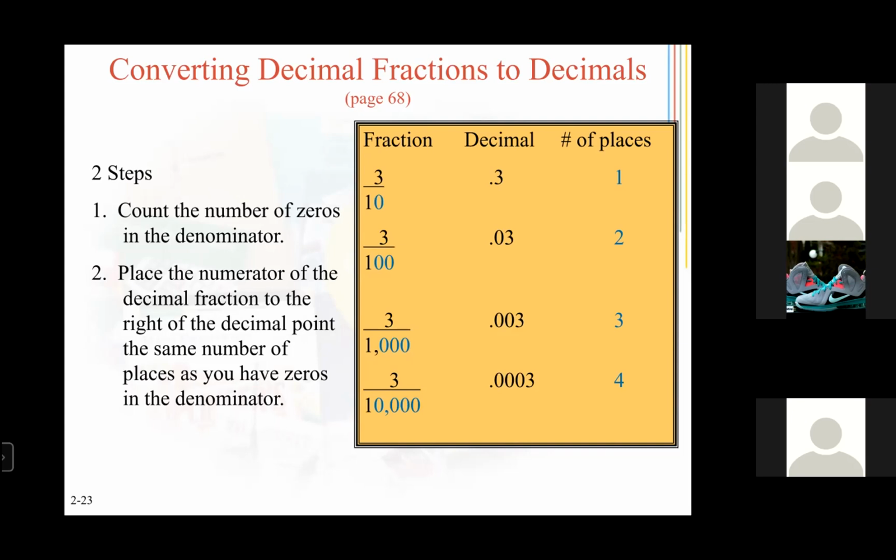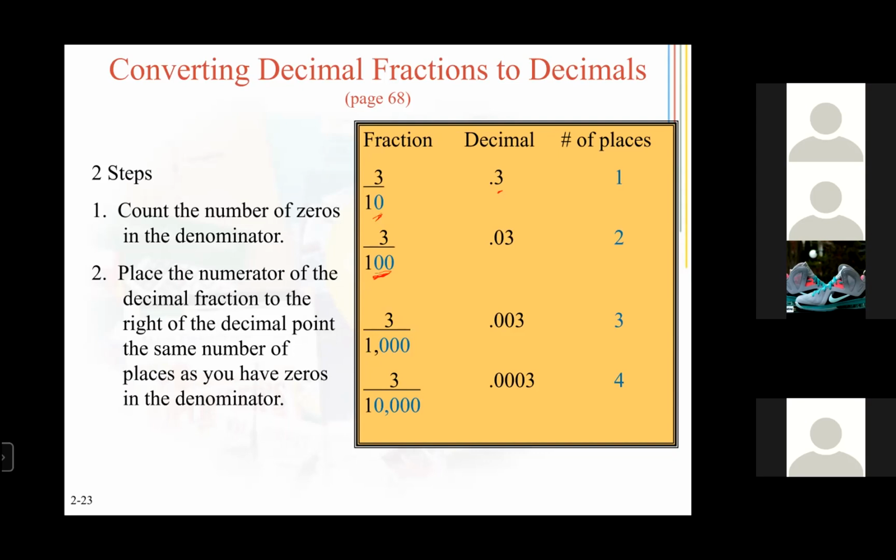And so if you want to convert them into decimal, basically you count the number of zeros in the denominator. So here we have 1 zero in the denominator, so we're going to put the 3 one place after the point. Here we have 2 zeros in the denominator, so you're going to put the 3 2 places after the point.